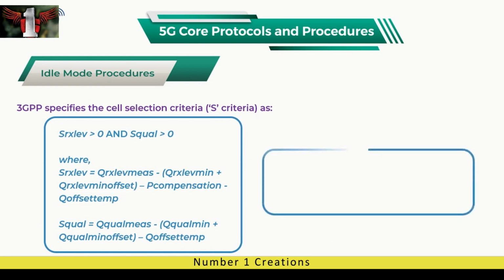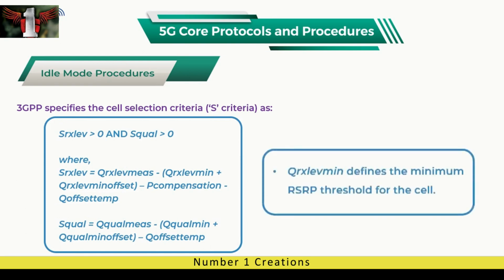Q-Rxlevmin defines the minimum RSRP threshold for the cell. It is broadcast by SIB1 and can be configured with a value between -140 and -44 dBm using a step size of 2 dB. Its value defines the idle mode coverage area of the cell.